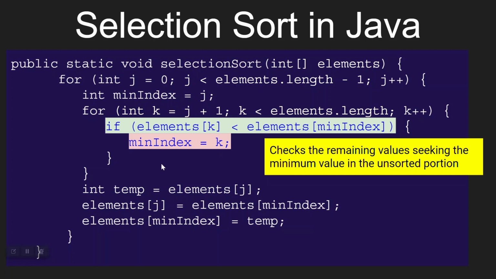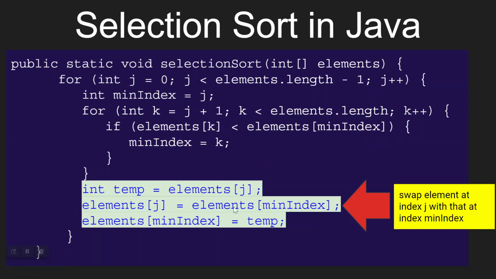And then finally, what you see down here is int temp equals elements at j, elements at j equals elements at minIndex, and then elements at minIndex is equal to temp. I don't know about you, but this looks a lot like the swap algorithm, and that's because that's what's happening. What ends up happening at the end of the selection sort is that you create a temporary variable and you store the element at j, which was our original value.